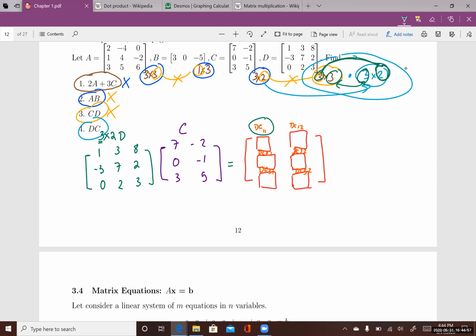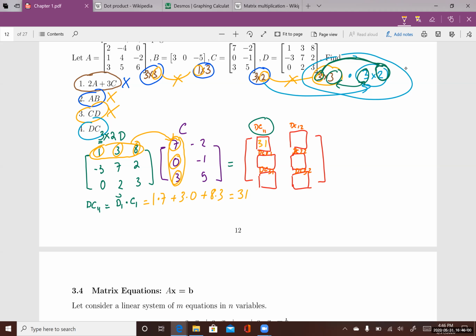In order to find DC11, you take the dot product of the row vector D1, the first row of D, with the column vector C1, the first column of C. The dot product is 1 multiplied by 7, add 3 multiplied by 0, add 8 multiplied by 3, which equals 7 plus 24, which is 31. So 31 will be my first entry, DC11.